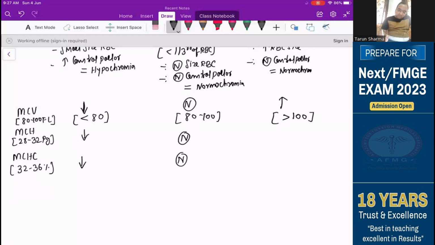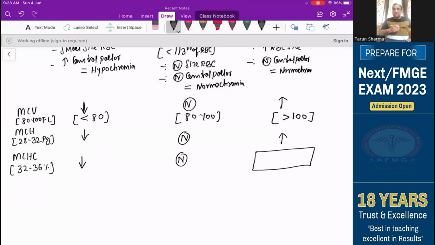If MCV is increased, then MCH values will be increased here. But remember, the most important thing is MCHC never increases above its normal limit. The normal limit is 32 to 36. So it will never exceed above 36 in any anemia.